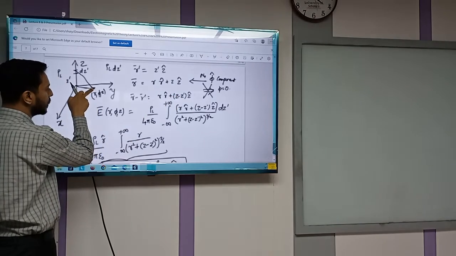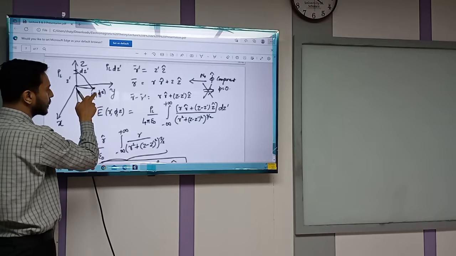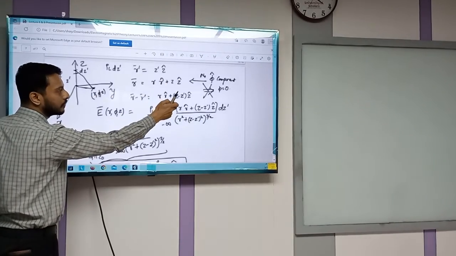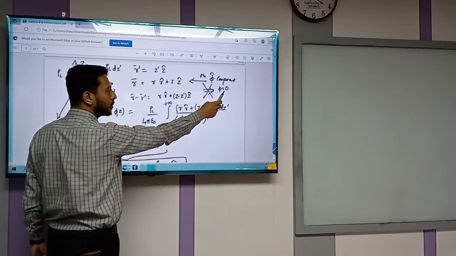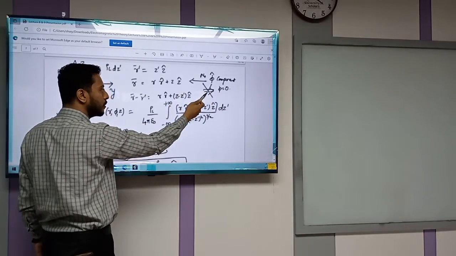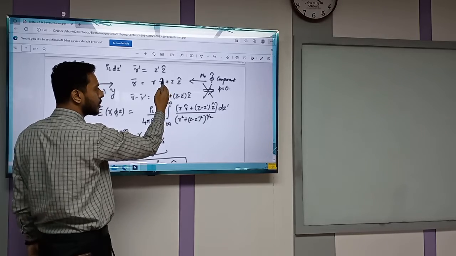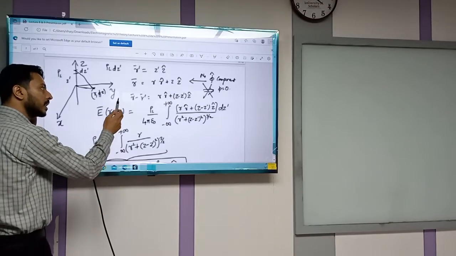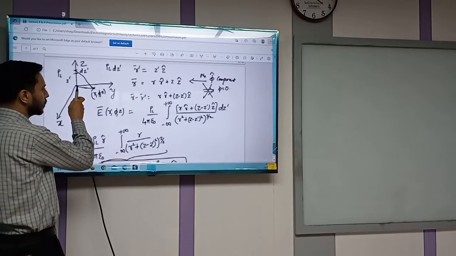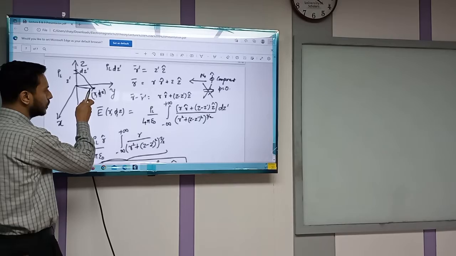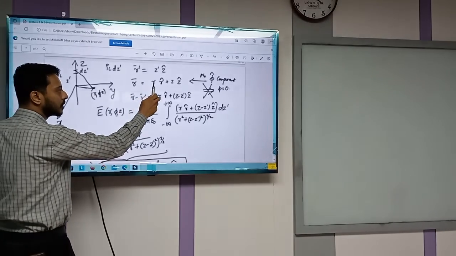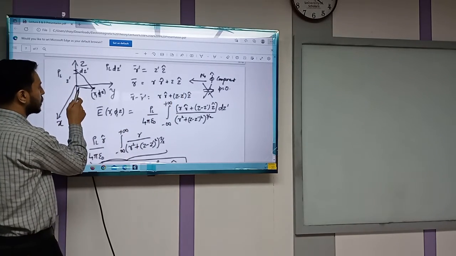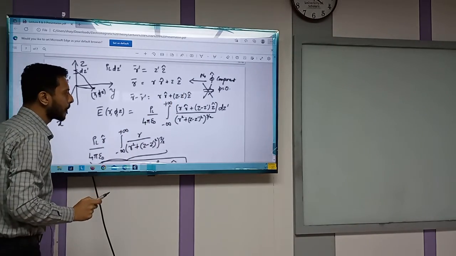As the coordinate of the field point is r, phi and z, this phi is not present in the vector. It does not mean that phi is equal to 0, okay. There is some value of phi, but the phi component is not present along this vector. The field point vector will be r bar equal to r times r hat plus z times z hat, okay.